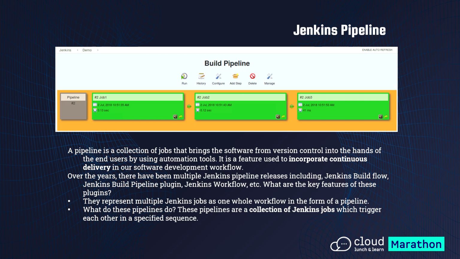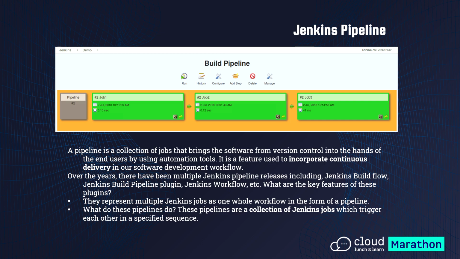A continuous delivery pipeline facilitates an automated expression that processes the software through version control to your users and customers. You can code a simple or a complex task via pipeline DSL, also known as domain specific language. A pipeline is a collection of jobs that brings the software from version control into the hands of the end users by using automation tools.